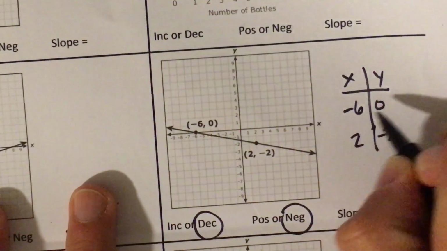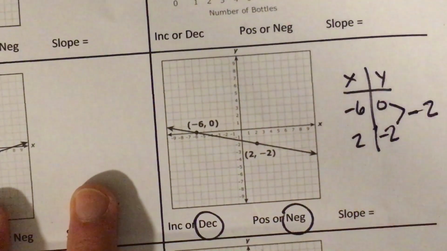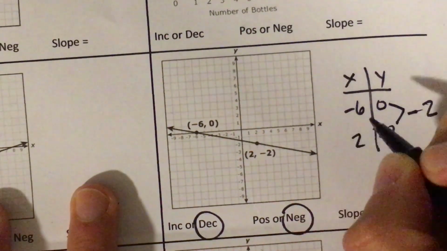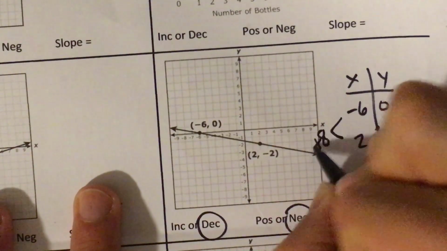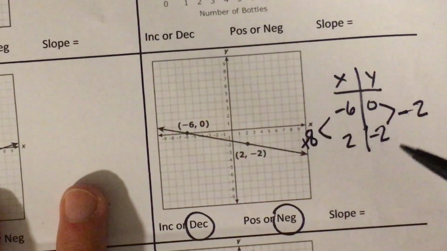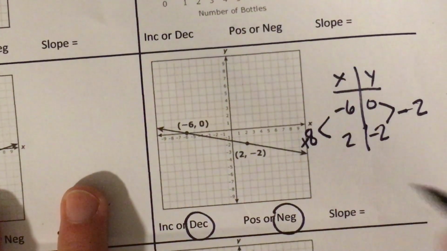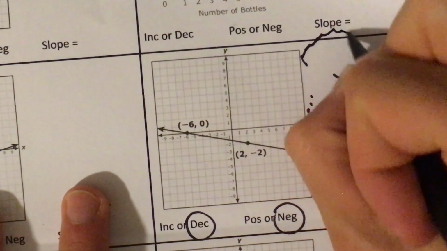Same thing every time. So from 0 to -2, I'm going down 2. From -6 to 2, I'm going up 8. Now, this might not be something that all of us are seeing, and that's totally okay. If you wanted to, you could plug it in the calculator, right?